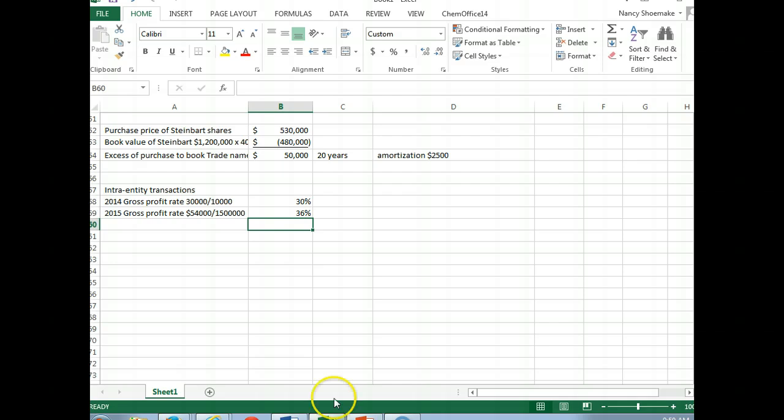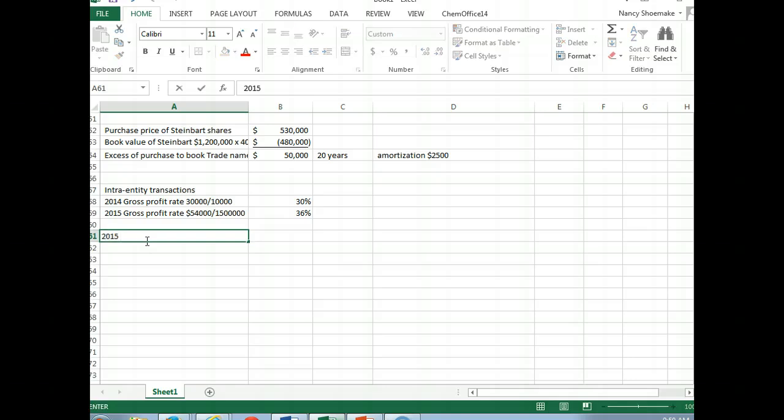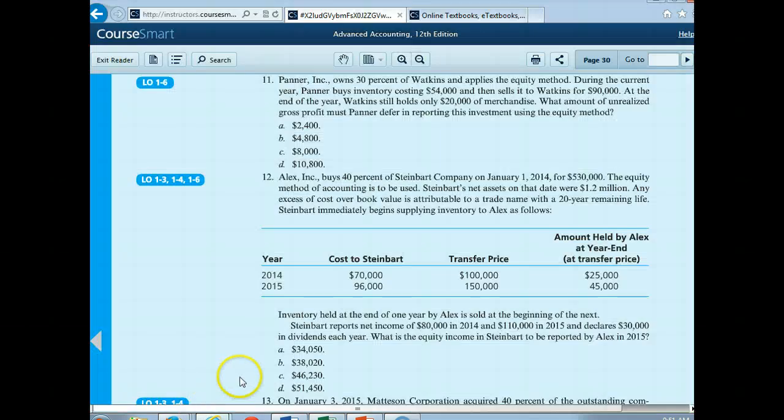So, as we go back here, our job is to calculate the 2015 equity income in Steinbart. We start by showing our income accrual, and our income accrual means Steinbart reported net income in 2015 of $110,000.